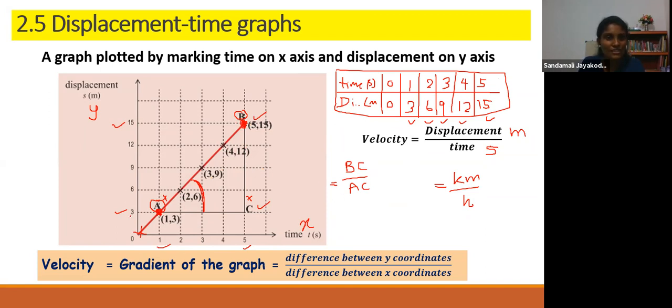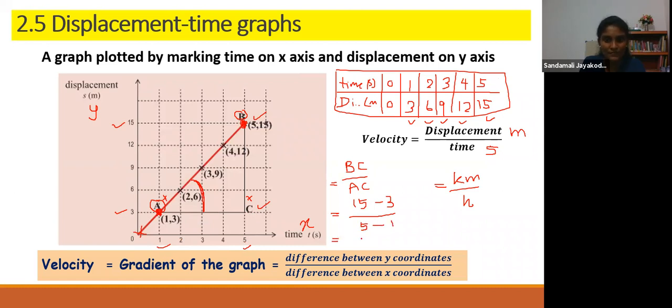BC is 15 minus 3. That is the difference between y coordinates. Divide by the difference between x coordinates. In the x-axis, it is 5 and 1. So we have to subtract 1 from 5.